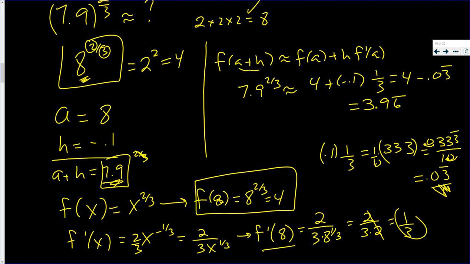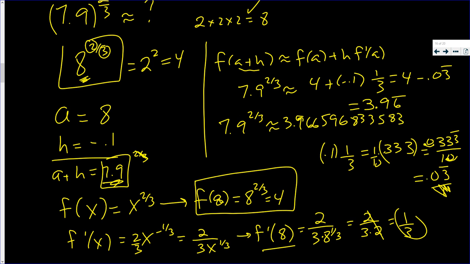Okay. Now, one last thing, and we will be done with this section. Via a calculator, this answer also gave me an approximation, and it gave me 3.966596833583.